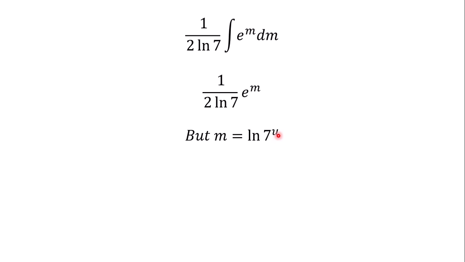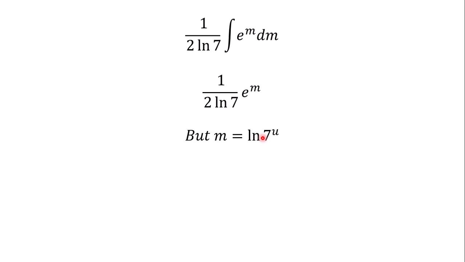So what we are going to do is that wherever we see this m, please mind you, not because I said wherever you see this m, we are going to put this one there, means you just come here and put this ln 7u here. No. After you are done with the integration and you are going back to the x world, wherever you see m, just replace that m with this one.